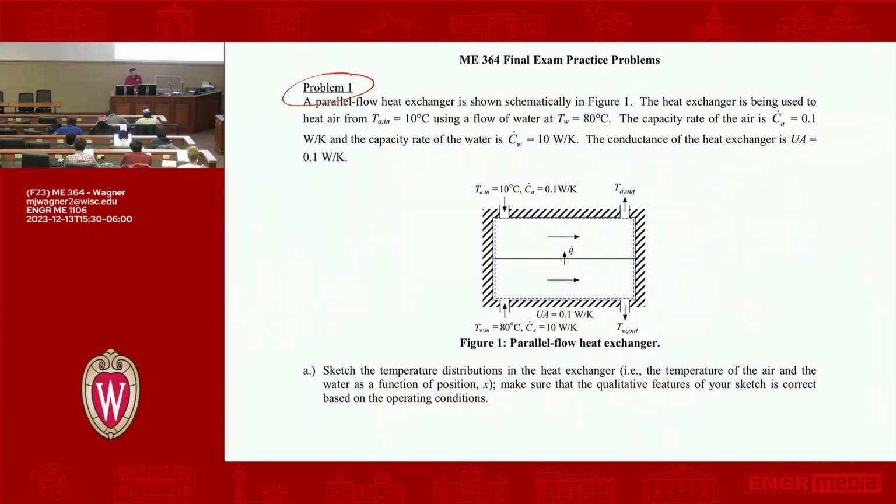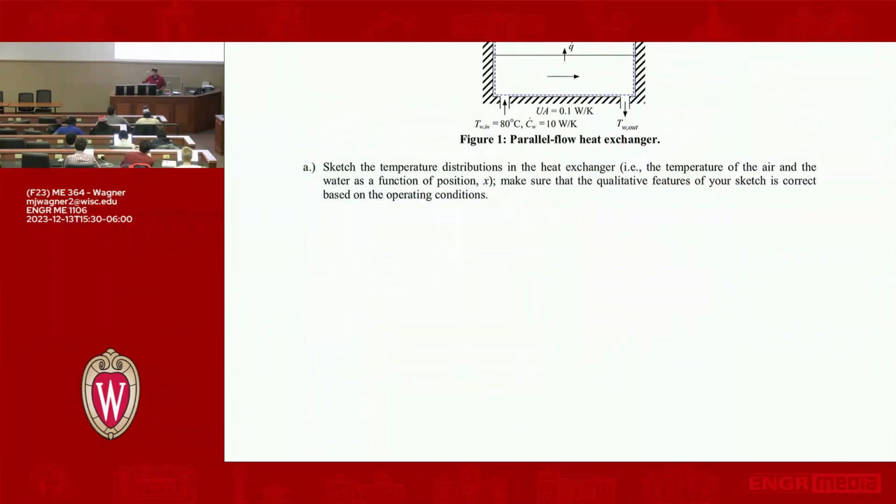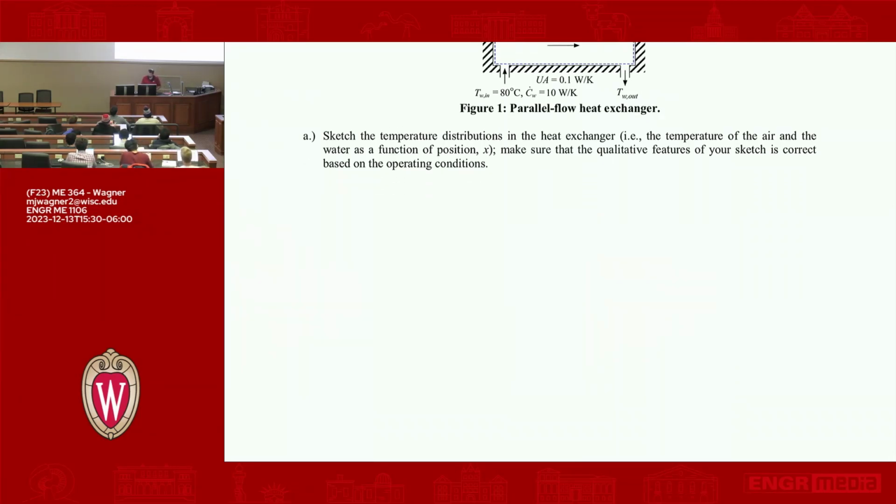Okay, so what it's asking then is, let's sketch the temperature distributions in the heat exchanger. So that is the temperature in the water as a function of x. Make sure that the qualitative features are correct based on the operating conditions. Okay, so I'll just create a little plot here. We have position x.